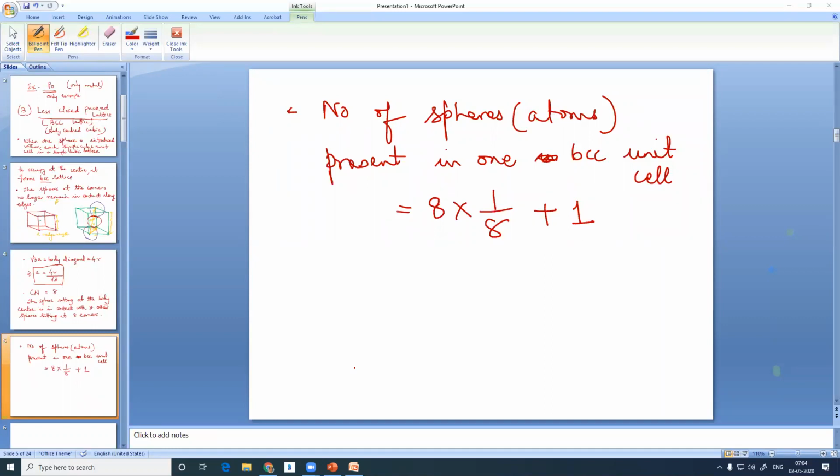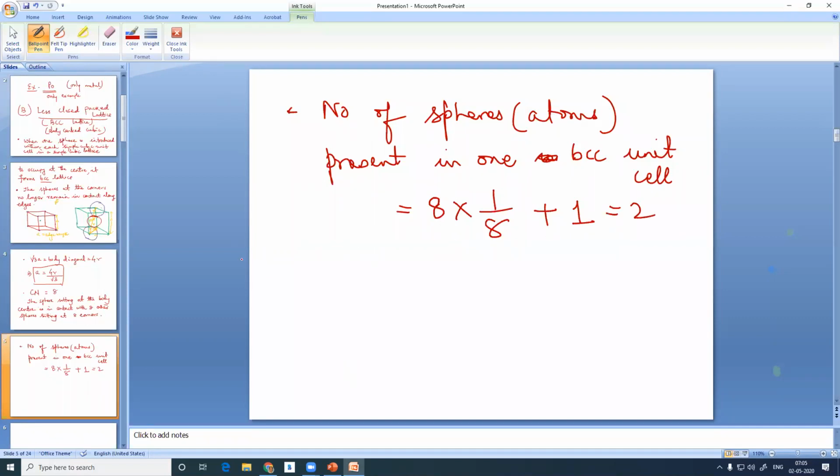The breakup is 8 into 1 by 8 for the 8 spheres sitting at the corners, and per unit cell the share is 1/8, and there are 8 such corners. So the total is 1, just like simple cubic, but the additional one sitting at the center, which is in contact with all the 8, makes the total equal to 2.